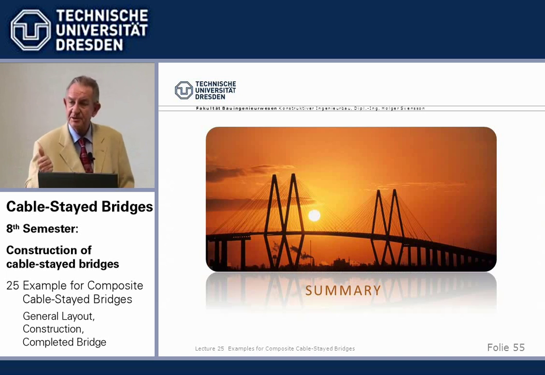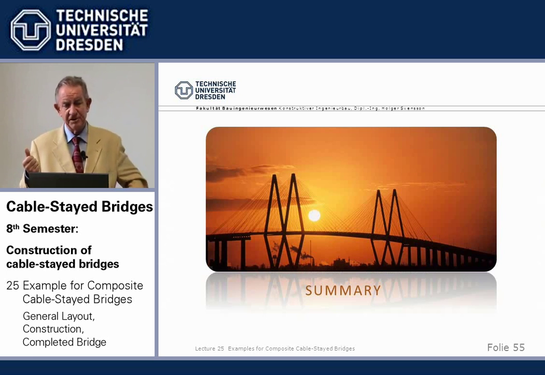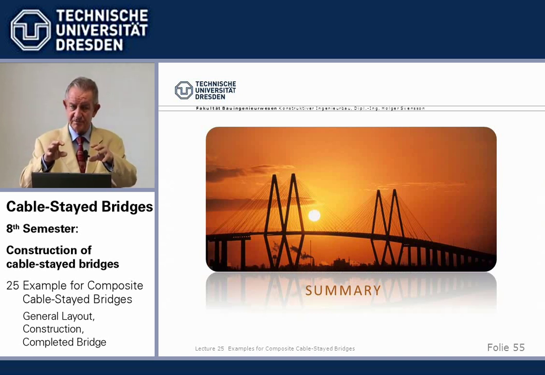Well, to sum it up, we looked into composite cable-stayed bridge. The main thing is that the beam consists of a steel grid with a concrete deck, and it's helpful for construction that we can install it in smaller units.